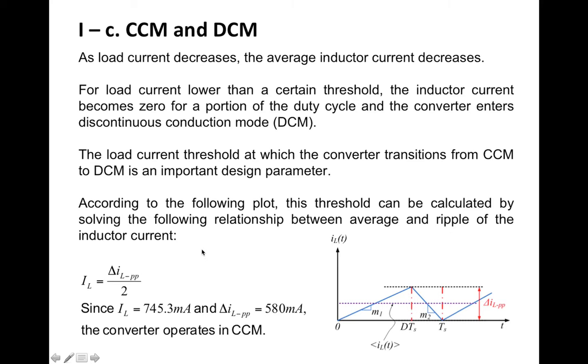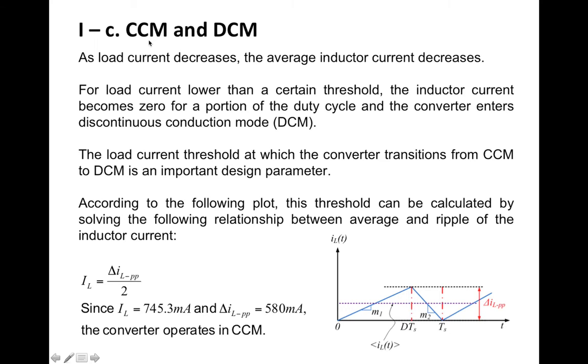So an interesting question to ask here is for what value of the load current the inductor current touches the x-axis or becomes zero for a very short period. This is very important in analyzing DC-DC converters in general, and this is the boundary between continuous conduction mode and discontinuous conduction mode.